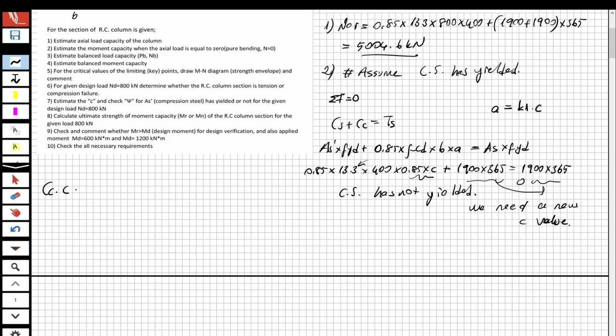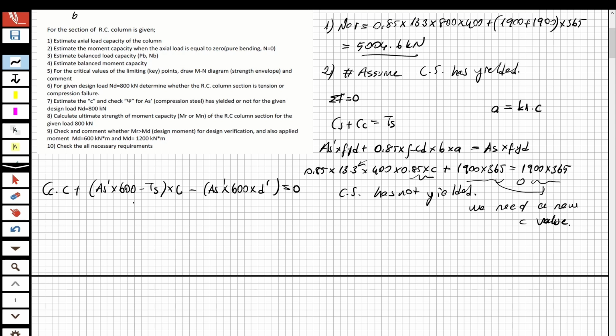C, this one is the neutral axis, plus AS prime multiplied 600 minus tension steel multiplied C, minus AS prime multiplied 600 and multiplied D prime equal to 0.